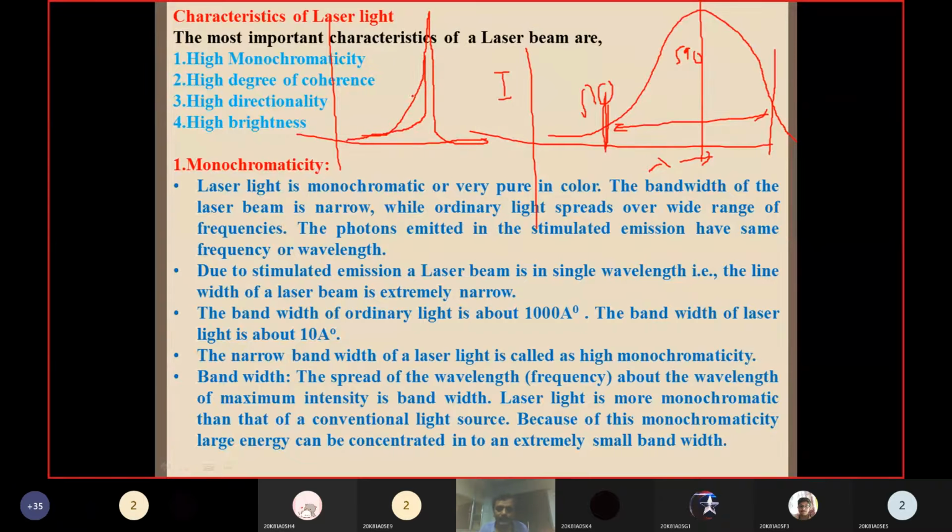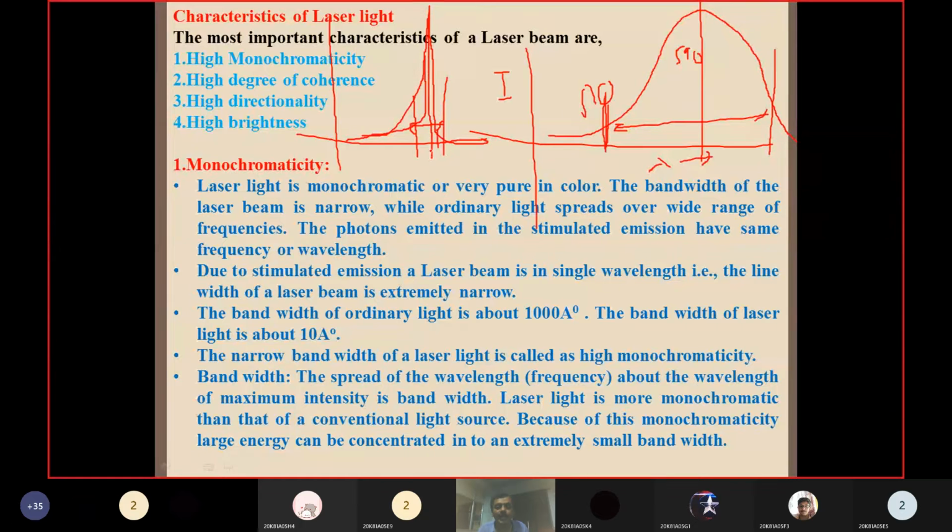It starts from here and ends here. The bandwidth between these two is very small in the case of lasers. That's why we said that this is monochromatic.